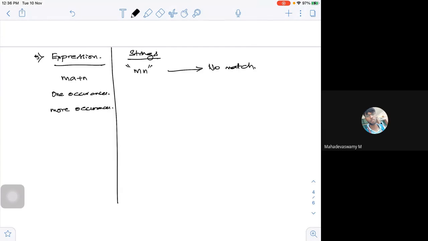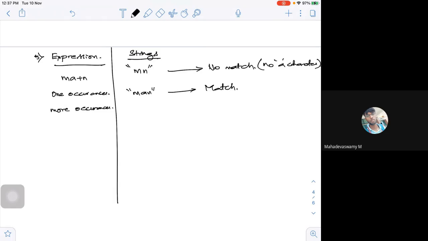The plus symbol calls for at least one occurrence of that particular pattern, that is your A. Now if I search for MAN, yes, it is matching. There is at least one occurrence.